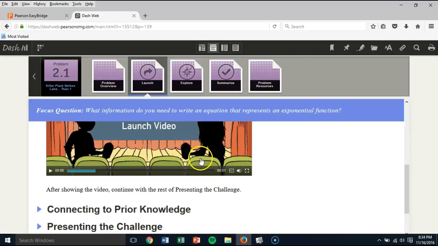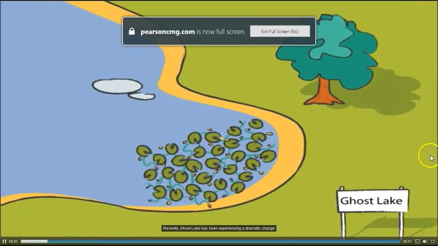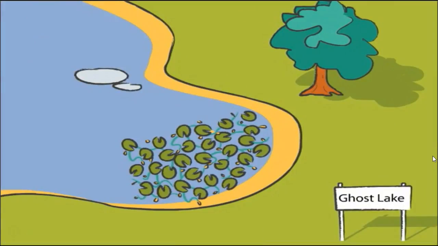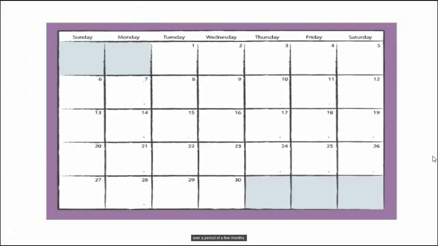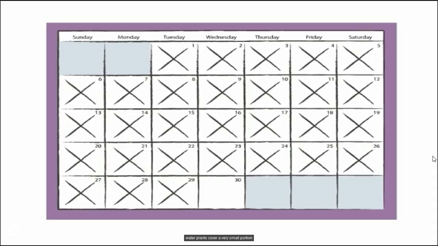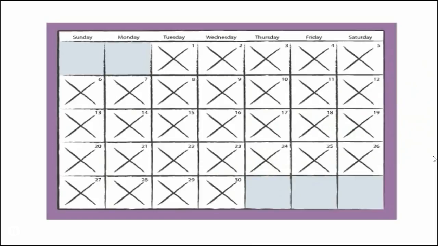Recently, Ghost Lake has been experiencing a dramatic change in water plant growth, affecting the entire lake. We'll track the changes that occur in 1 month's time over a period of a few months. As we begin our study, water plants cover a very small portion of the surface of the entire lake.